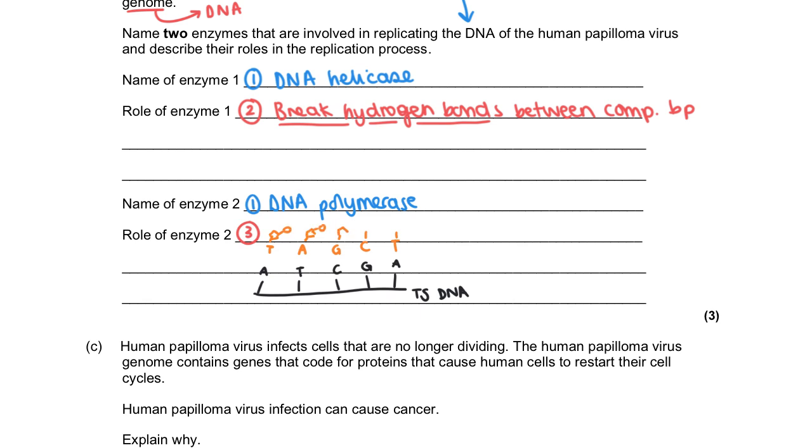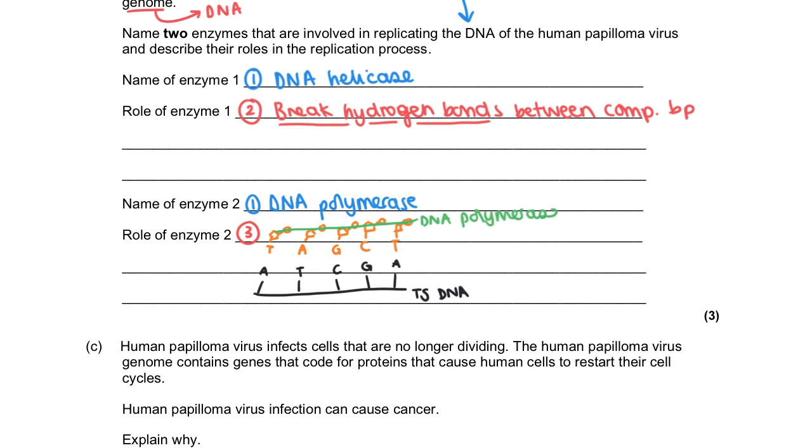Okay, you get the gist. So they've all got their little pentose sugars, or hexose sugars, sorry, and the phosphate that attaches them. And what DNA polymerase does is it goes through and it joins the sugar phosphate backbone.